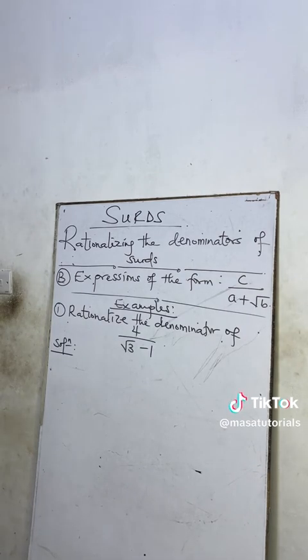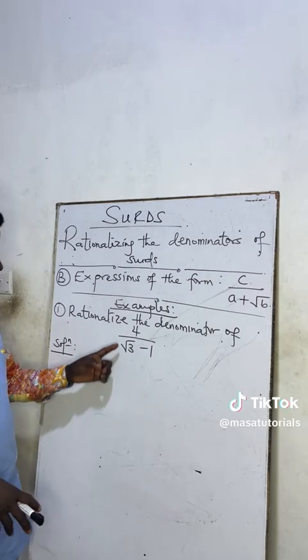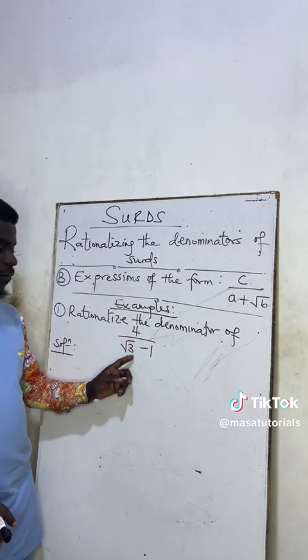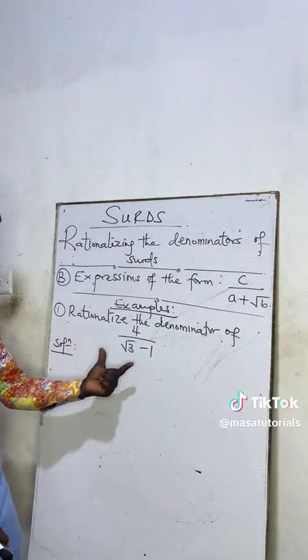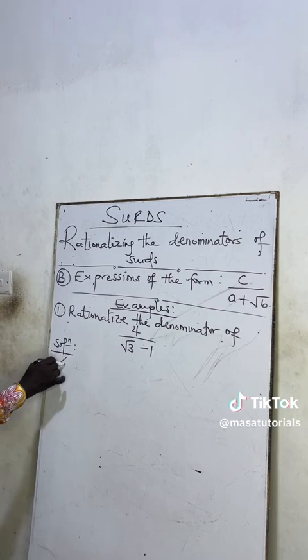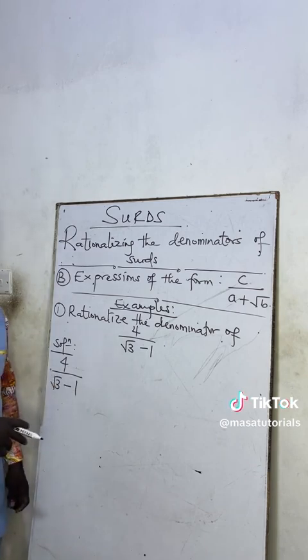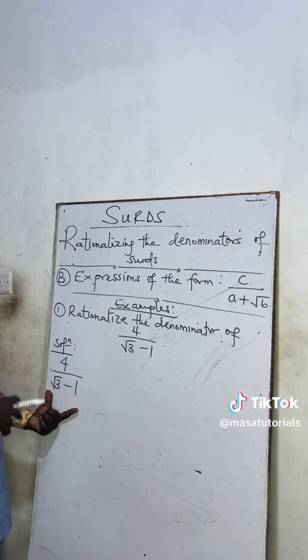Alright, so let's see this first example. Rationalize the denominator of 4 over square root of 3 minus 1. We want to rationalize this, and we have a surd at the denominator, so we need to rationalize the surd.